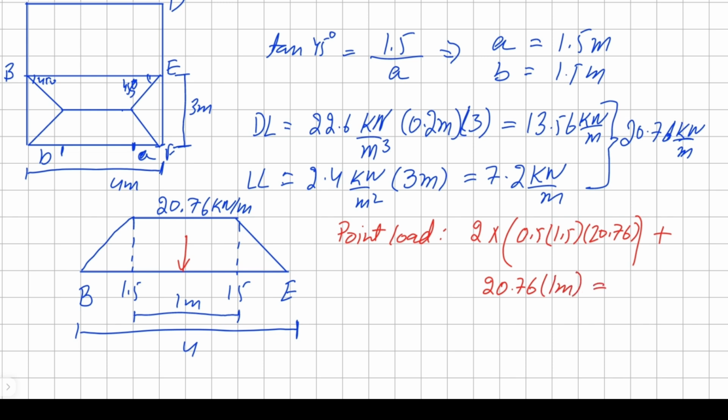Solving this, we have our answer as 51.9, and now dividing this by 2, we should get our value for each point B and E. Load comes up to 25.95 kilonewton on each side.